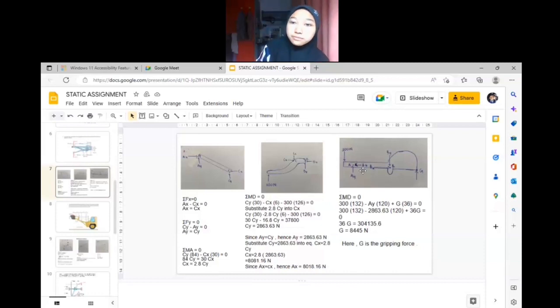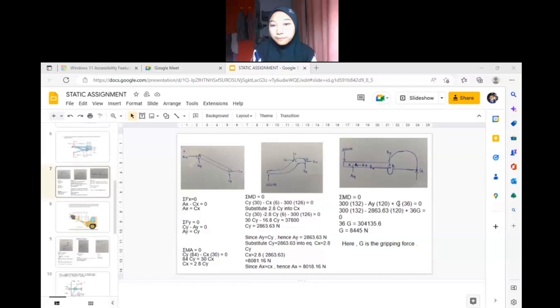Next, the last part, first step, we need to find the moment at point D, where we use the formula moment equals 0, and then substitute the values.